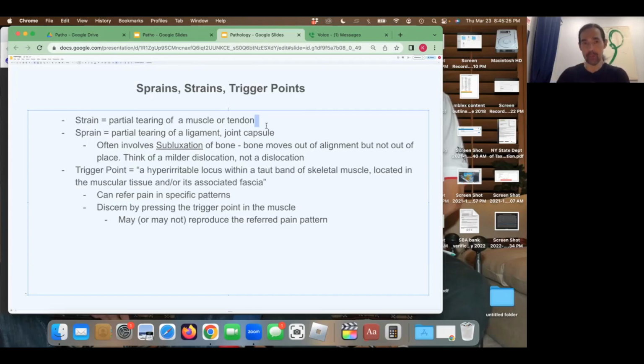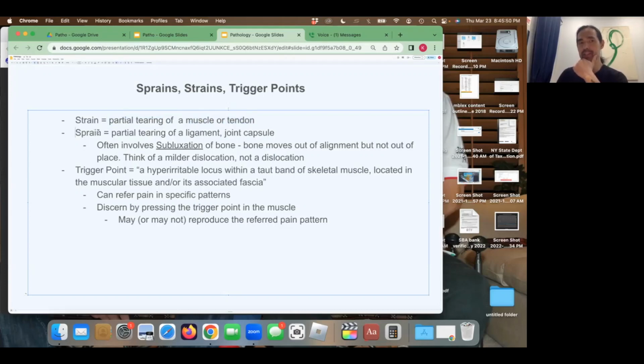The reason I put partial here is because a strain is not a complete tear. It's not where you tear a muscle or completely tear a tendon. That's a complete tear. Strain is partial tearing, can be a lot. A lot of fibers can be torn in a strain. However, it's a muscle or a tendon.